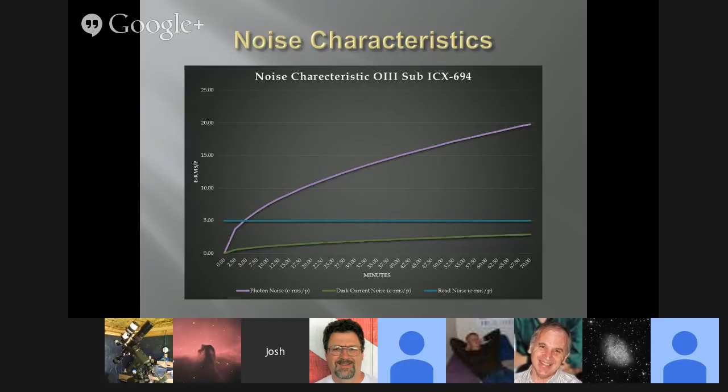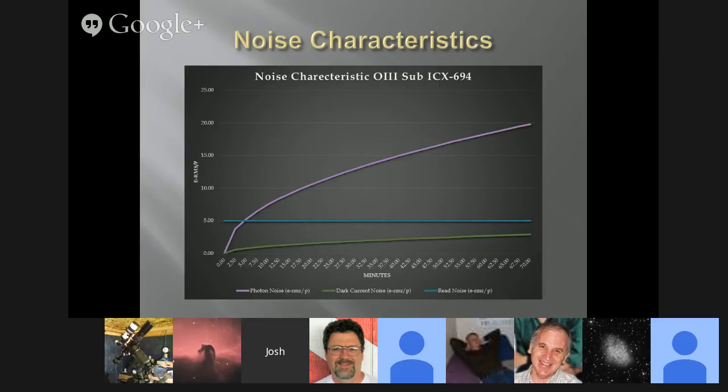So anyways, getting back to this slide, what you see here is the photon noise in the purple, and according to quite a few sources, really the point that you want to get to in your images is to have your photon noise be somewhere around 3 times the level of your read noise.